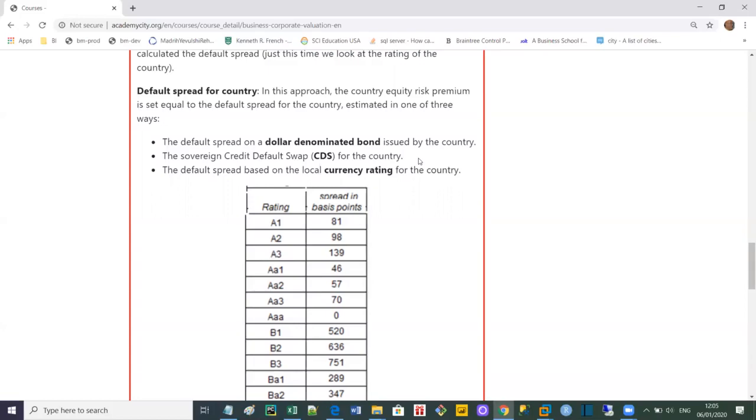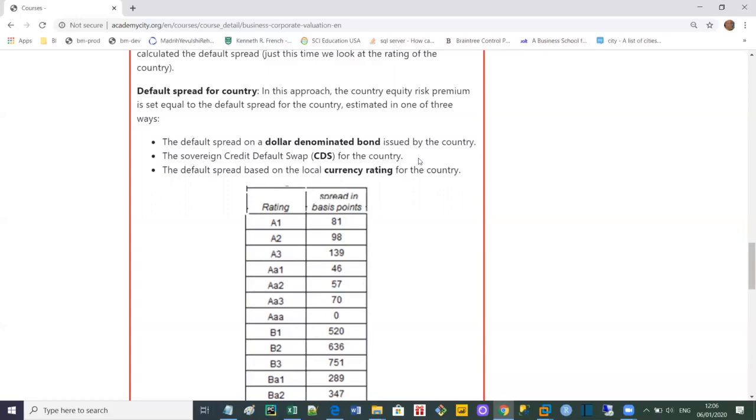And in the case that the Argentinian government defaults on the bonds, you can exercise this swap and you'll get your money back. But that swap you don't get for free, it costs. You can take that amount, the cost of the CDS, as a measure of the default spread on the government bonds of the countries you do business in.